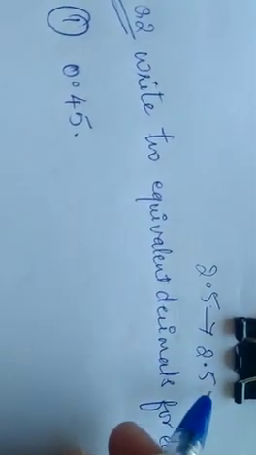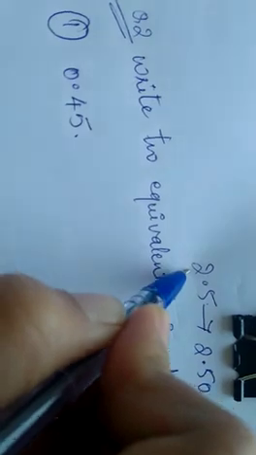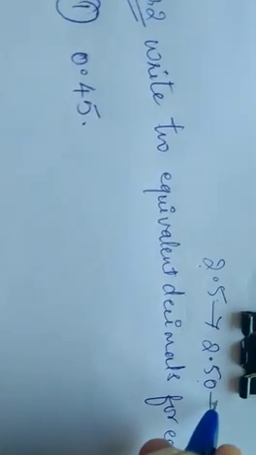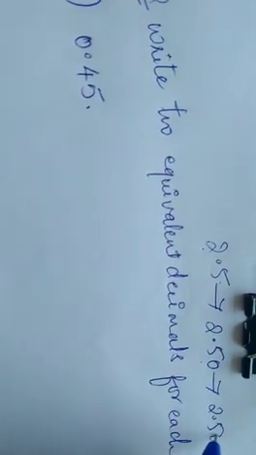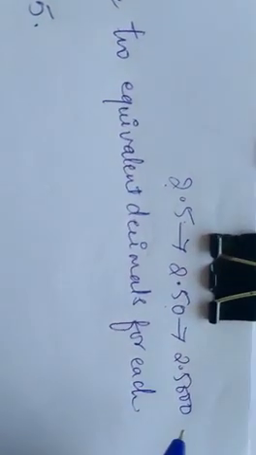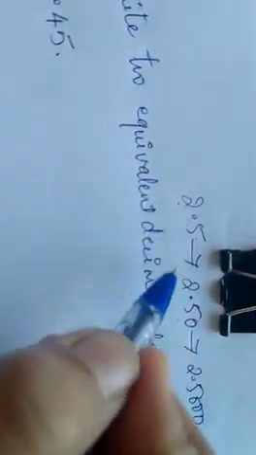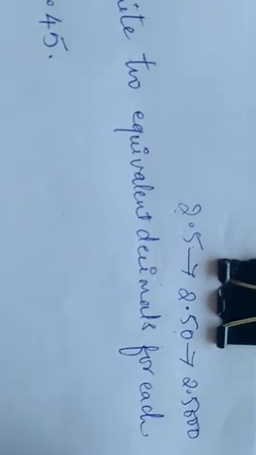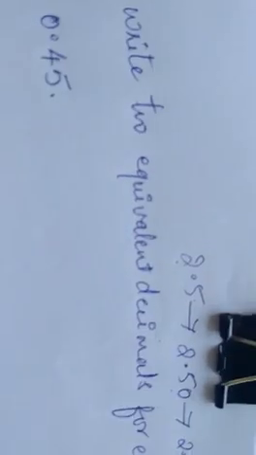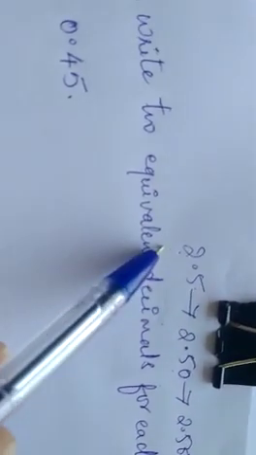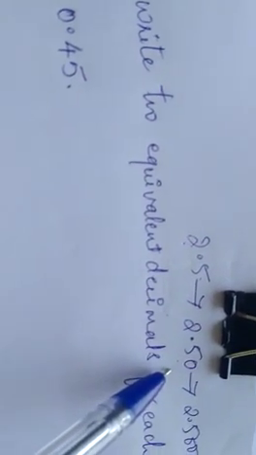So if you write 2.50, then also it is equivalent. As many 0s as you add, it will be equivalent no matter how many zeros come after decimal. So when we are finding the equivalent decimal, we have to just add 0 after the decimal number.